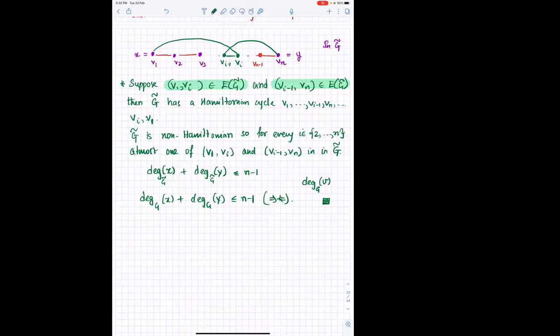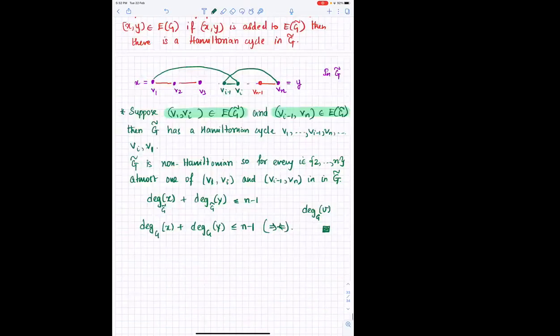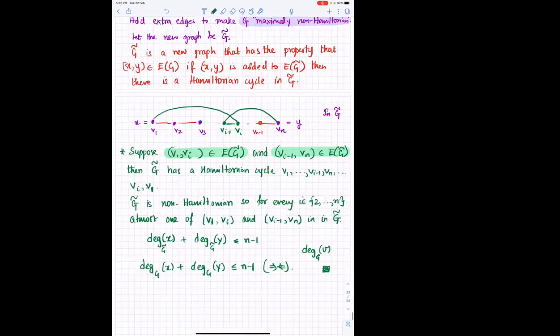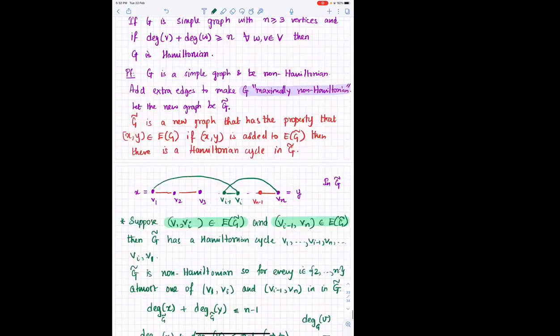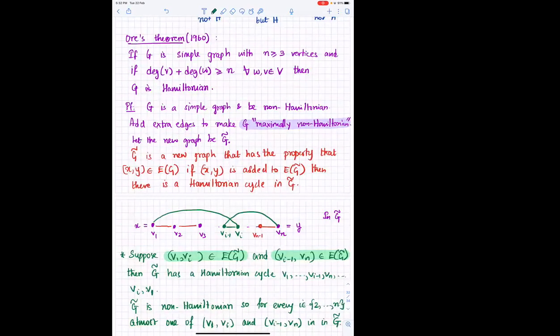Ma'am, could you scroll up for a minute? Yeah, over here in red, you've written G tilde as a new graph that has the property that xy belongs to E(G). The xy doesn't belong to E(G) and xy belongs to E(G tilde). Did I mess up? Oh, yeah, probably that's true. So we have a graph G, and I want to construct a new graph.